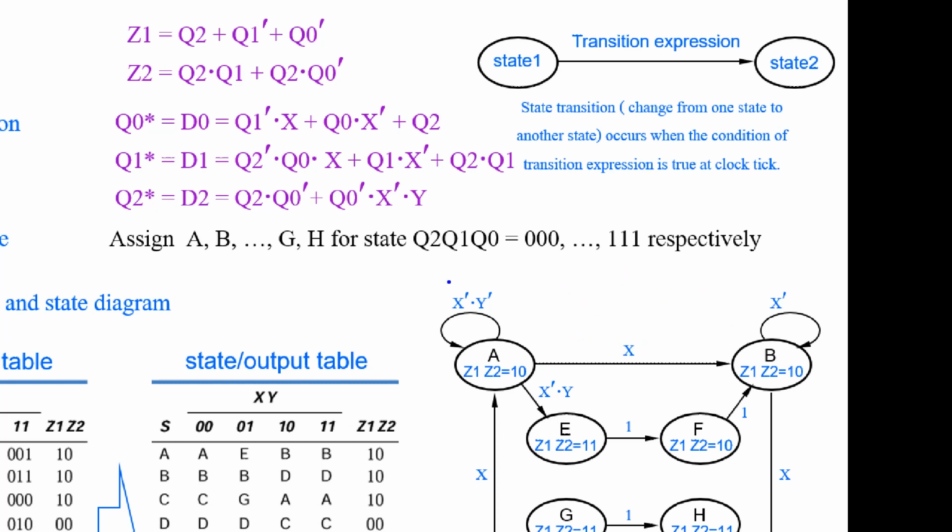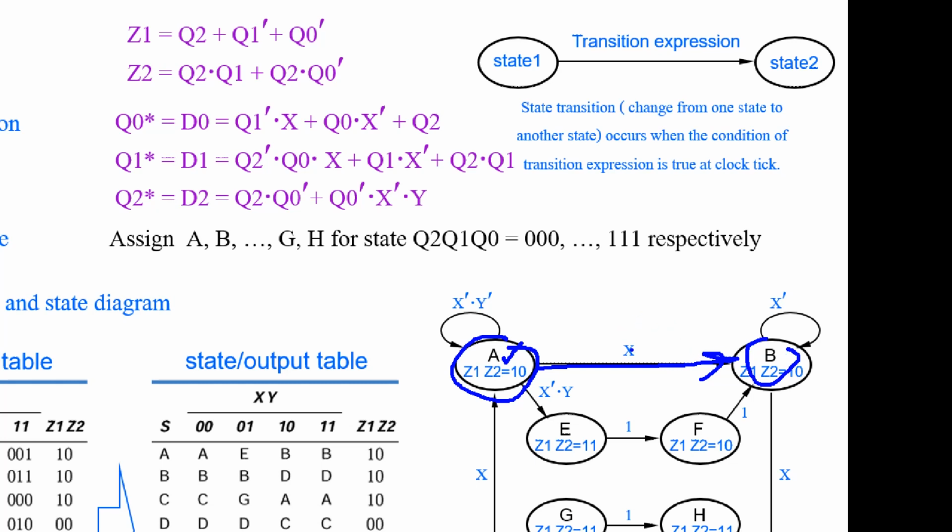So for the case xy is 0 0, you can write it as x prime and y prime. And for 0 1, that changes A to E, we can write x prime and y. So this is the condition that shows the state will change from state A to state B in this case.